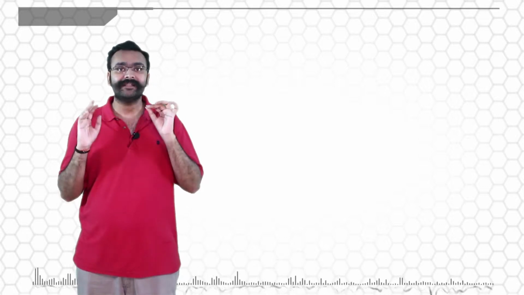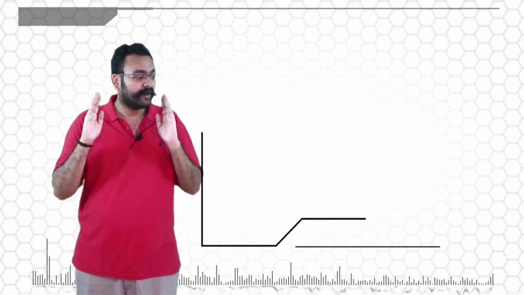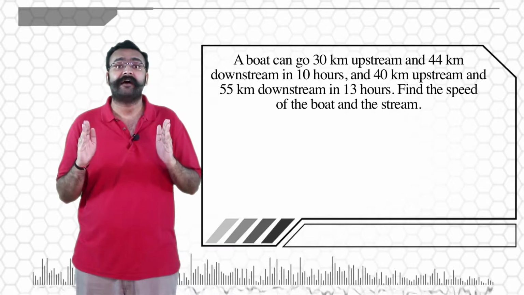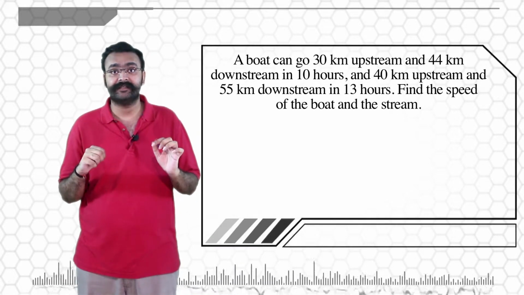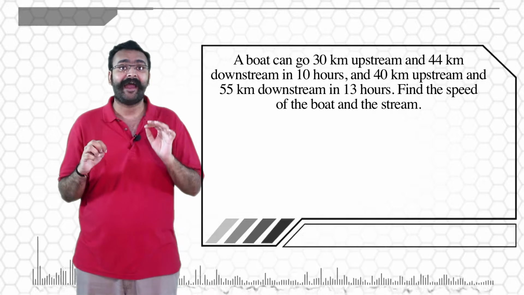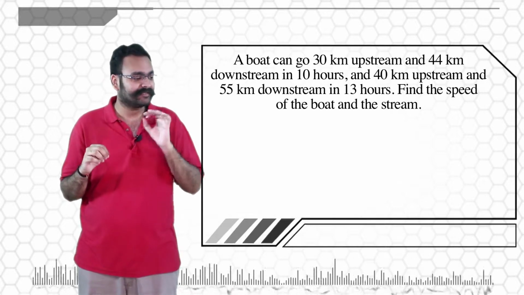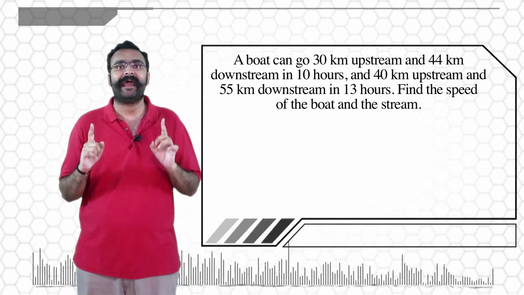These questions are normally very long. They take some time to formulate and you have to solve them with care. So let's look at one such problem. In this problem, we are given that a boat can travel 30 kilometers upstream and 44 kilometers downstream in 10 hours.